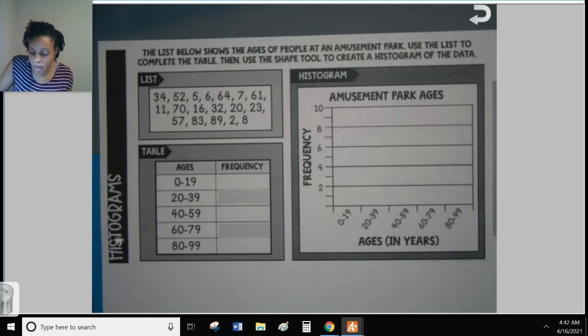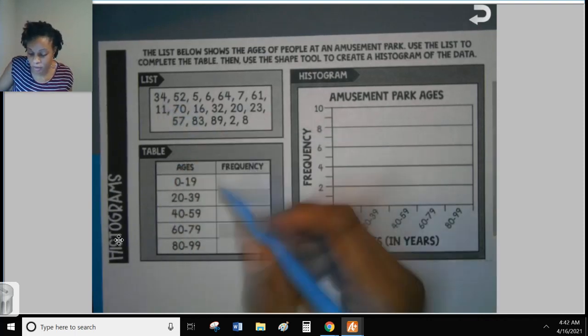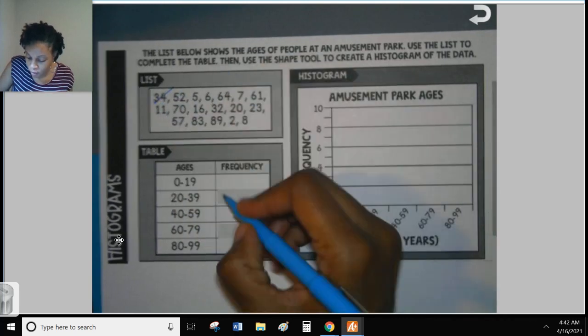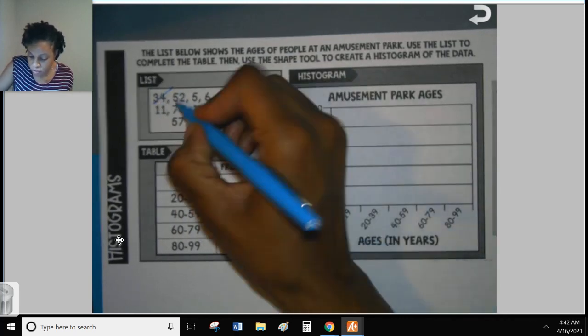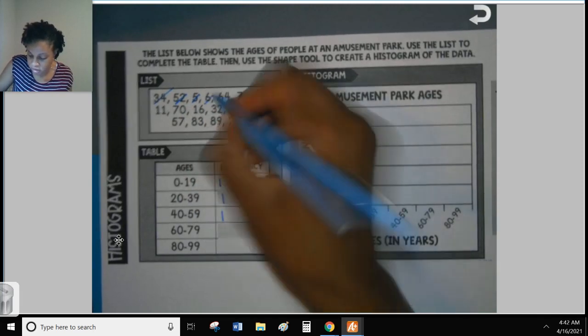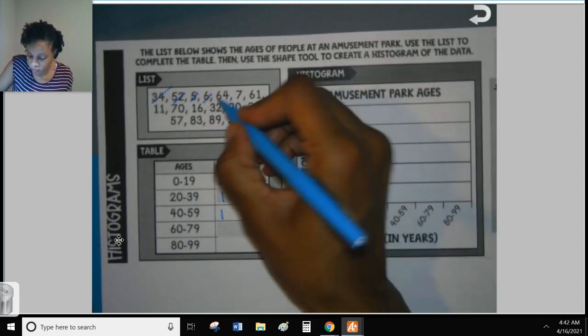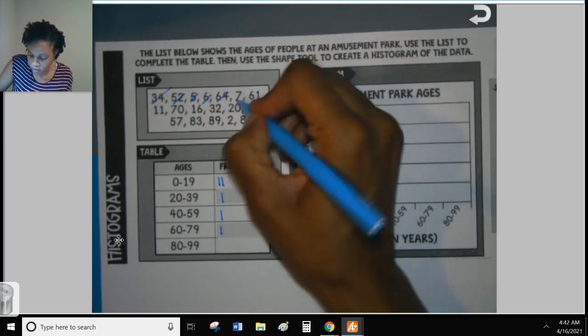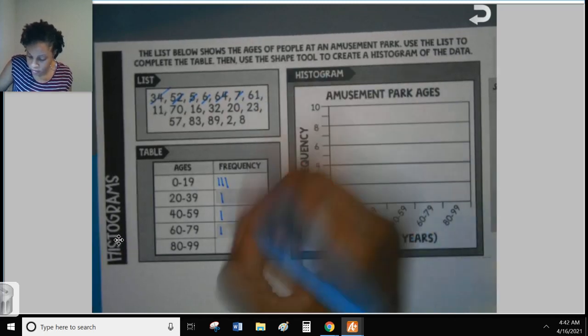Okay, so I have my list. I'm going to start doing my frequency. So 34 would go here, 52 would go here, 5 here, 6 here, 64, 7, 61.